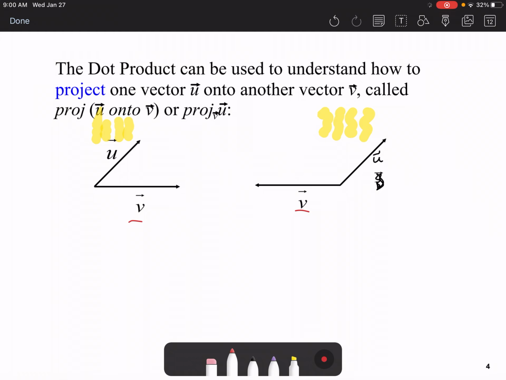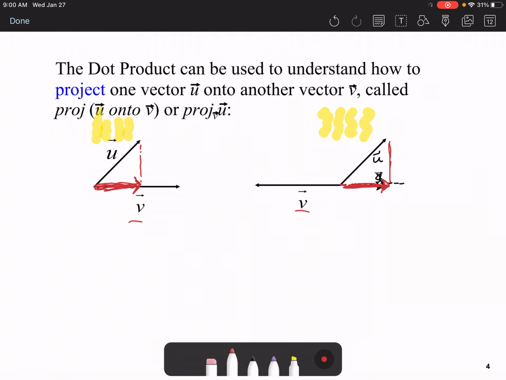So if that happens, it takes a little shadow of u and makes it a vector with this arrow headed in this direction.